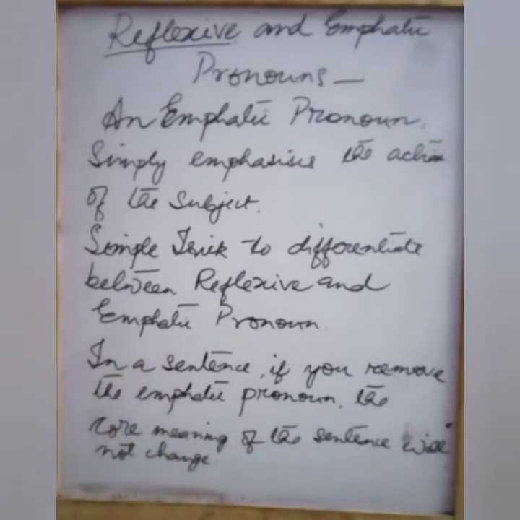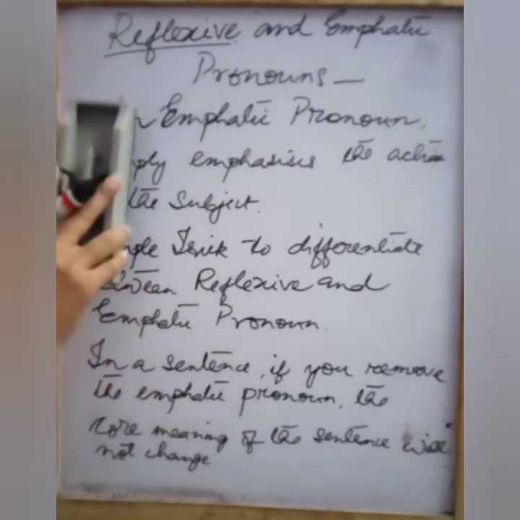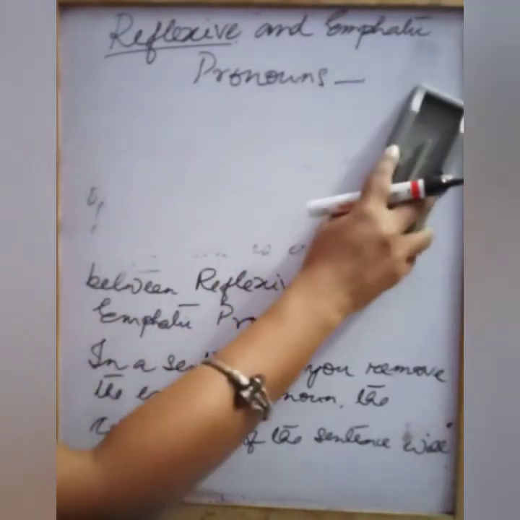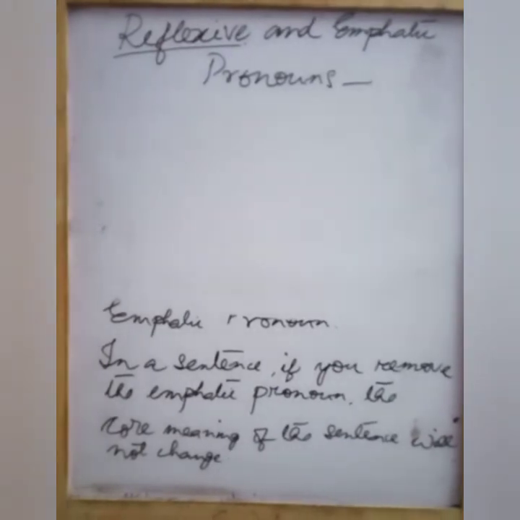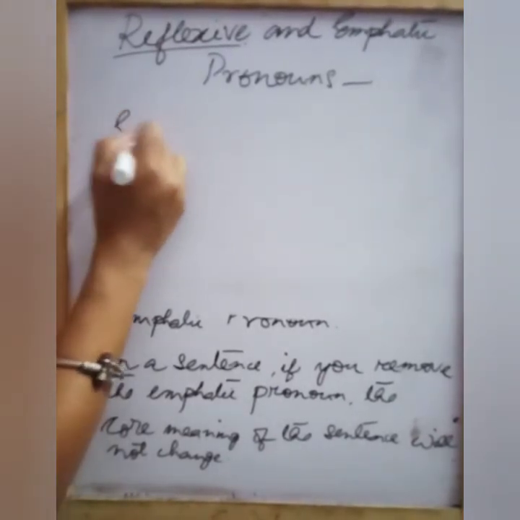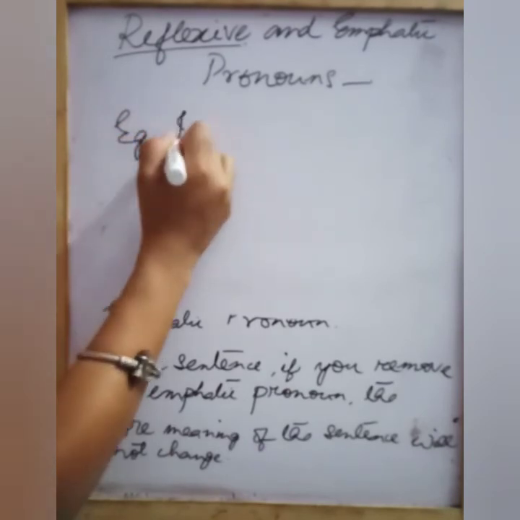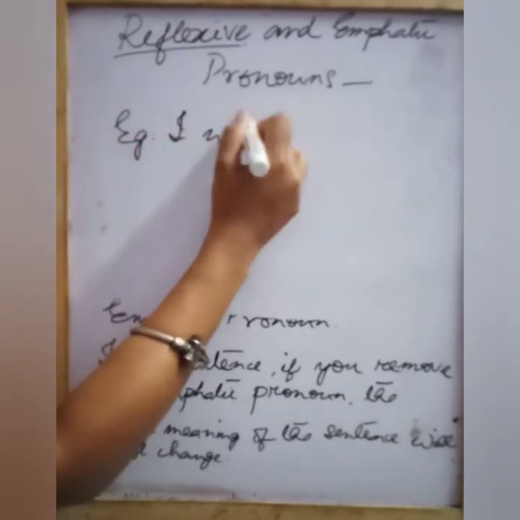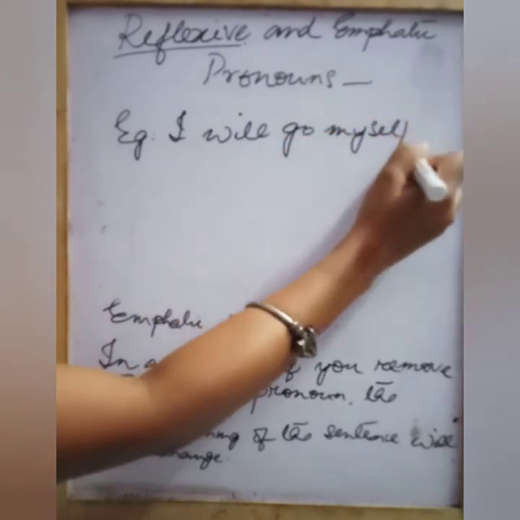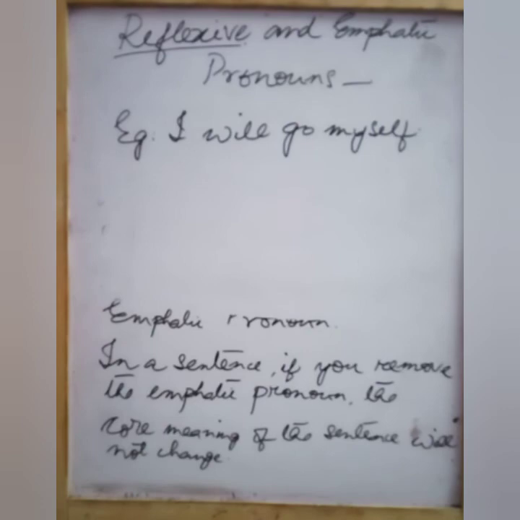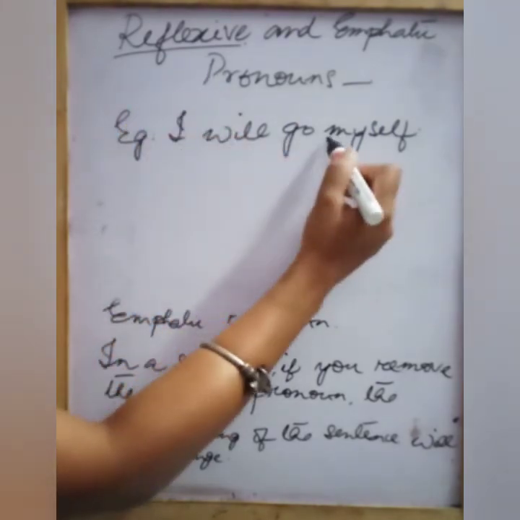It is a trick. Fine. Say, for example, I write, I will go myself. This is an emphatic sentence, which has the emphatic pronoun myself.